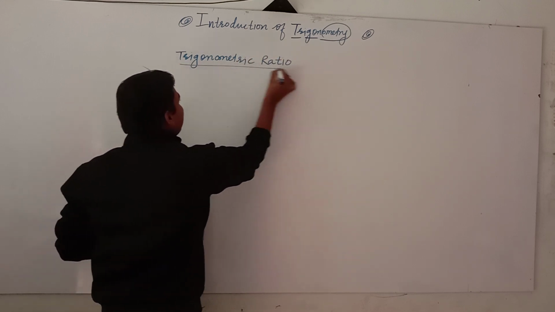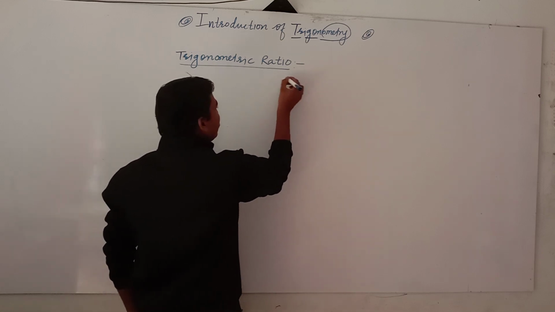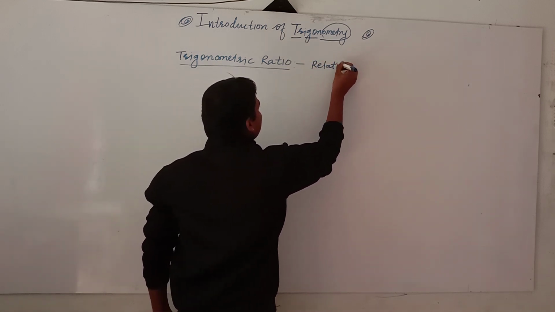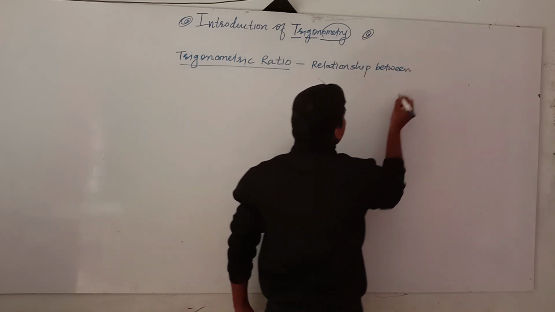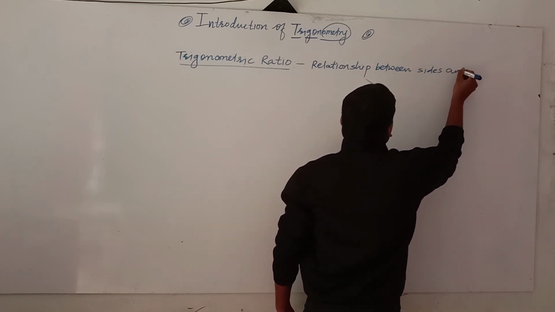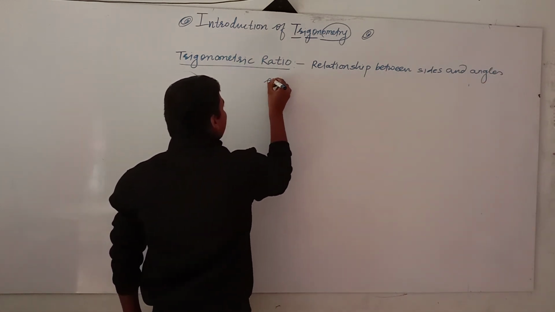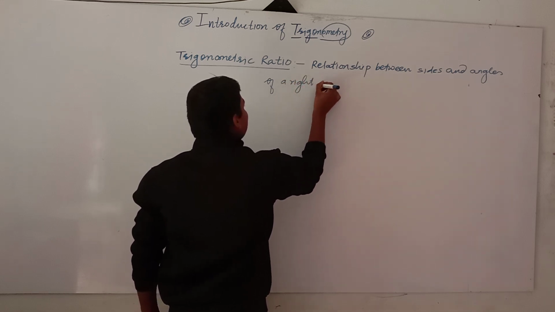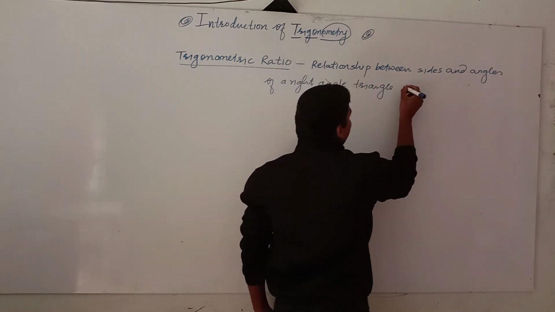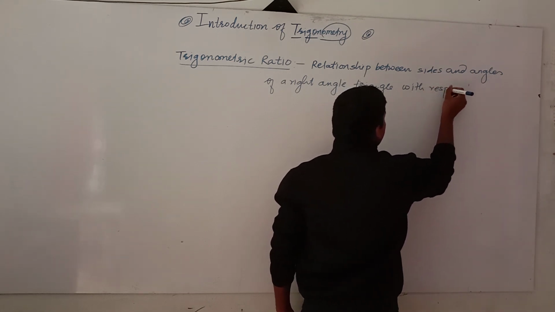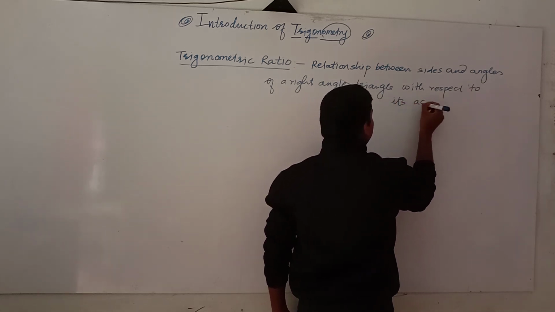Trigonometric ratios are the relationship between the sides and angles of a right angle triangle with respect to its acute angle.